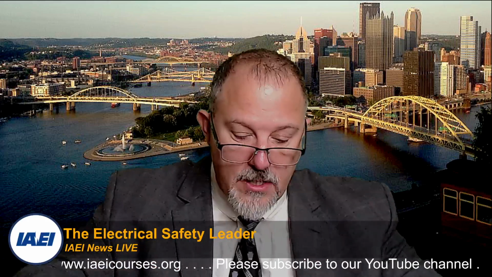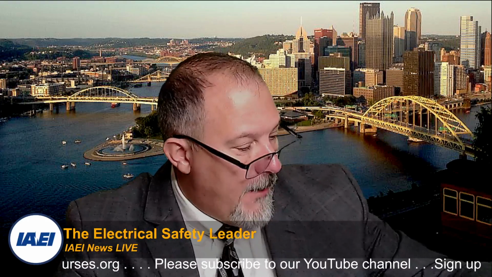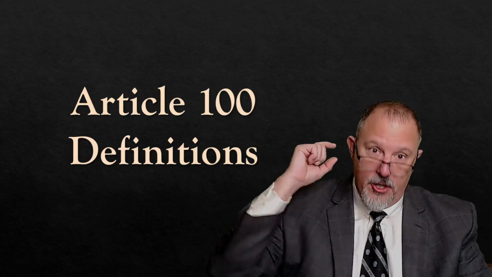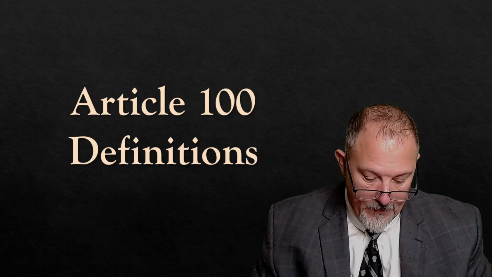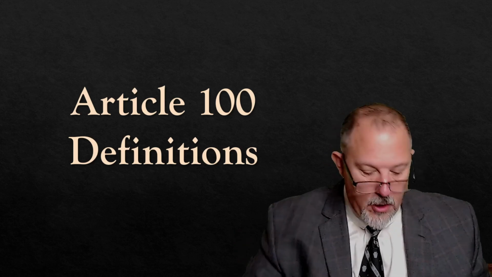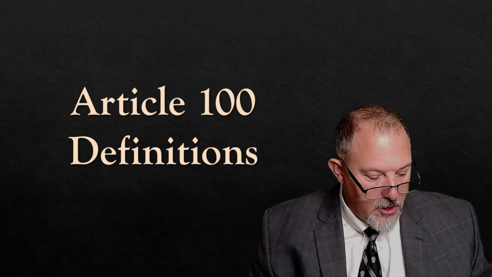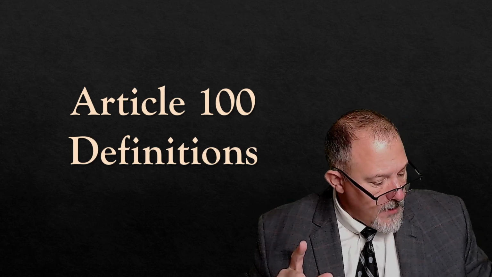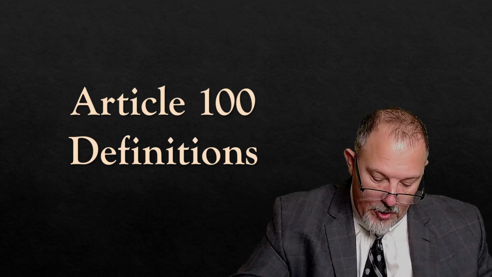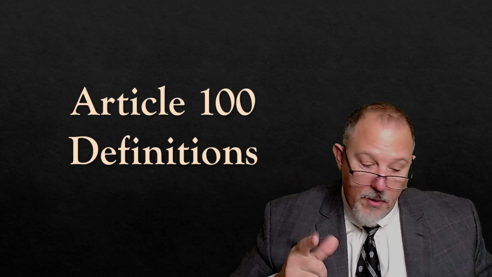All right, so those are the definitions within the National Electrical Code, Article 100. Remember, we hit circuit breaker and we hit overcurrent. We could touch on overload. Let's take a look at overcurrent again, because within the definition of overcurrent, we have other terms that we use within the code book.